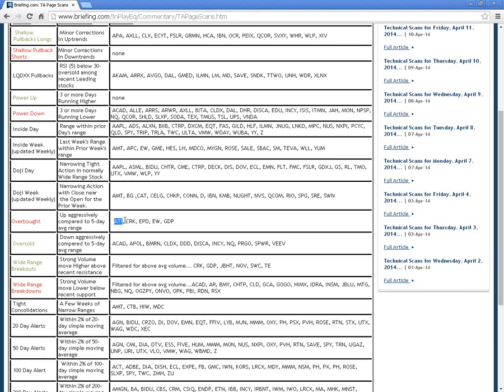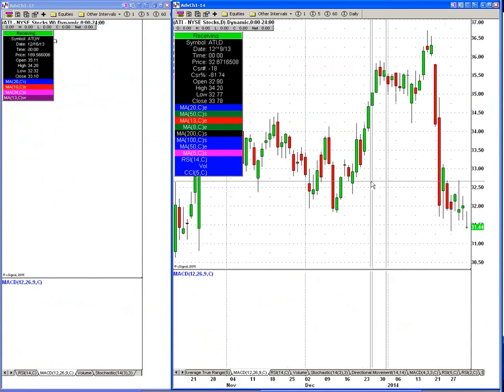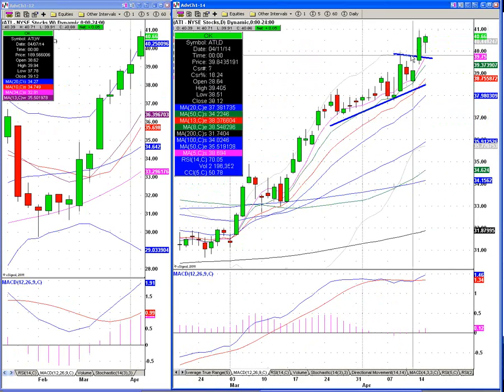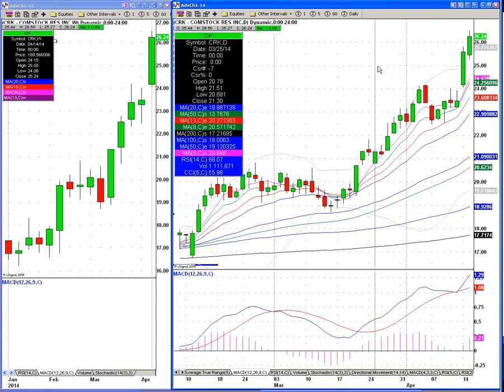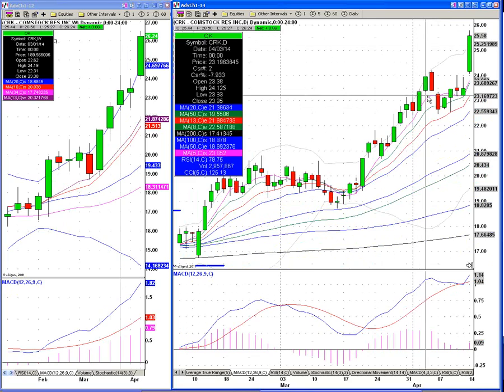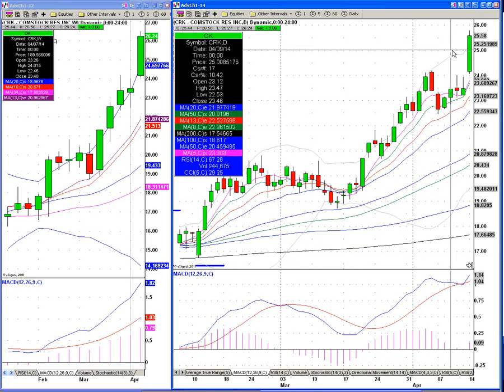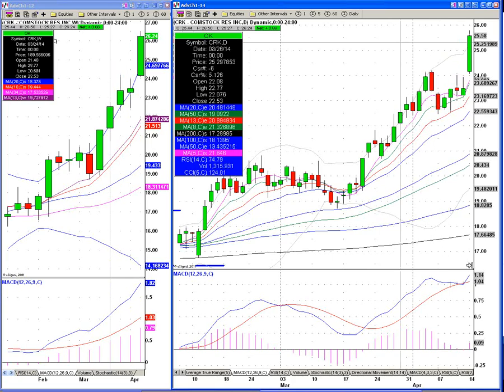So for example, if we were just to look at say ATI and CRK, you can see ATI going into today is well extended above a 5-day range over here. CRK was the other one, and again, this was as of yesterday, so you can see that it's well above a 5-day range. It's not really a breakout, so to speak. It's really based upon an extension of the move, and it's a significant move away from the 5-day range.